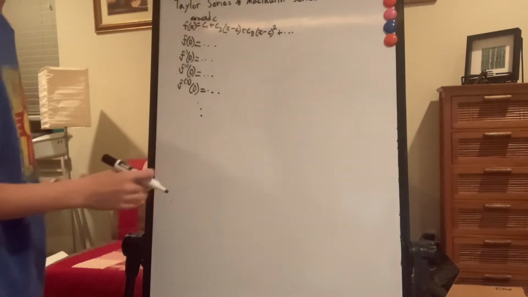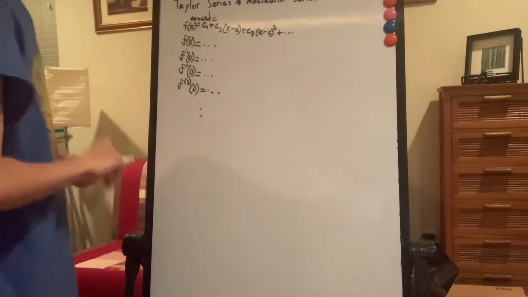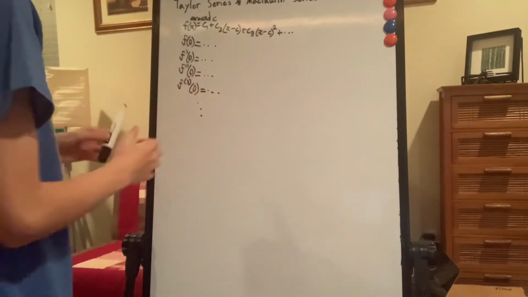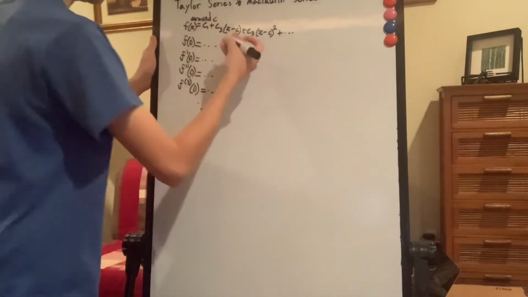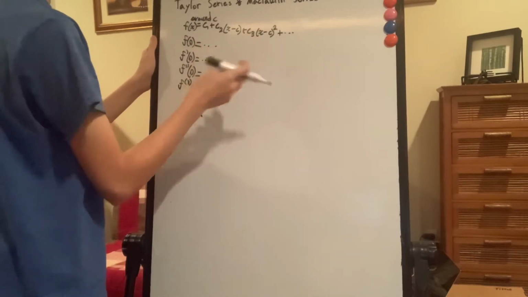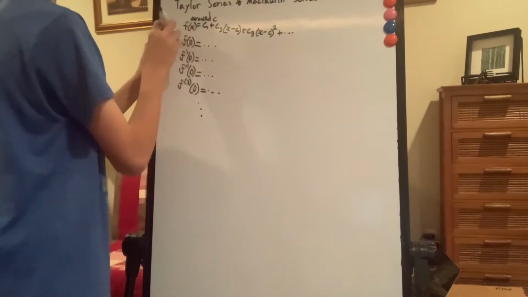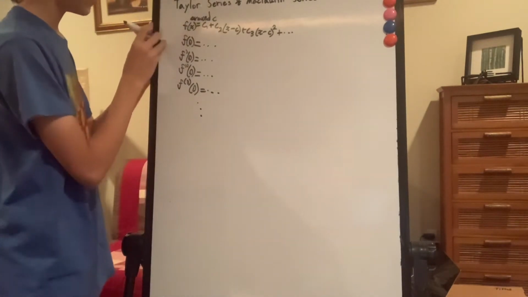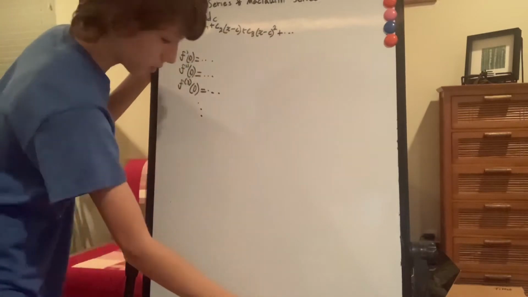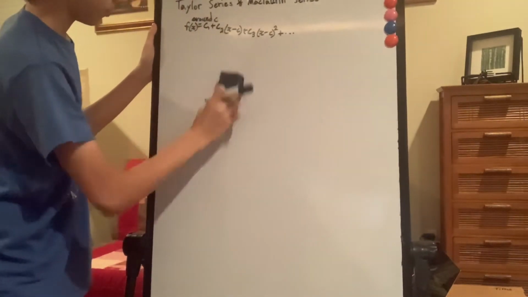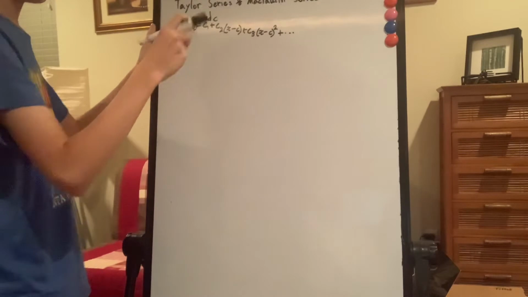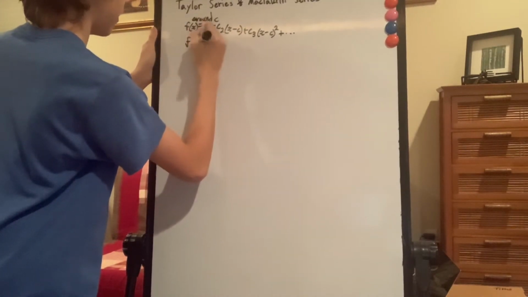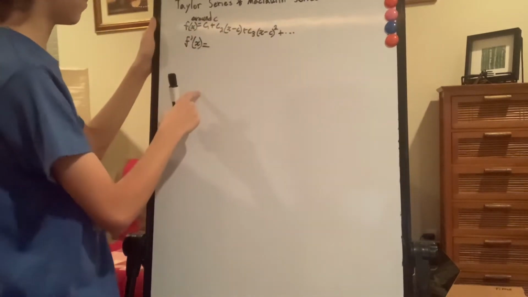Okay, so what happens when we actually take the derivative of this and evaluate at 0? So think about the derivative. I think the best way to do this would be with an example. To get an idea, consider the first derivative, f prime of x.